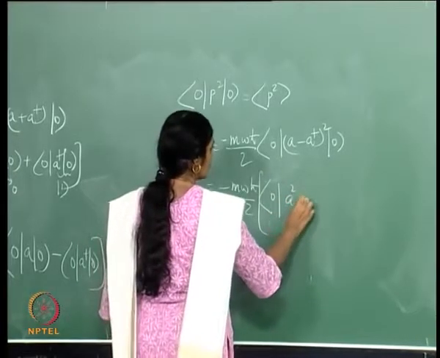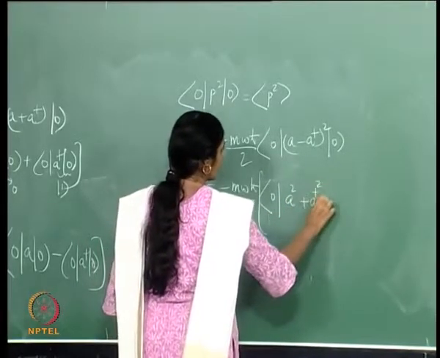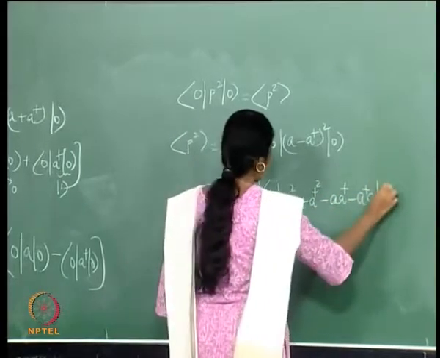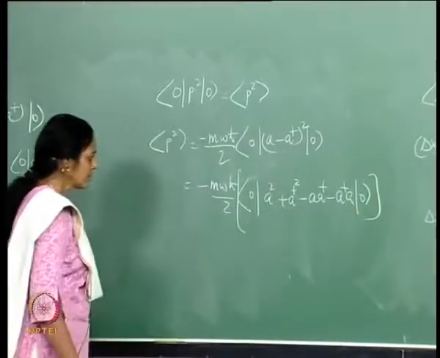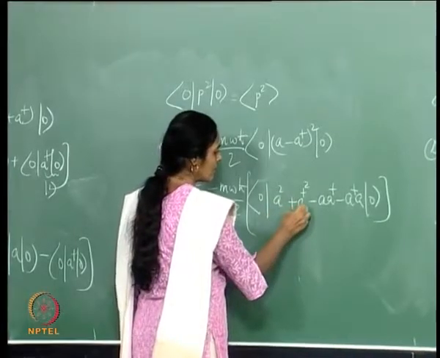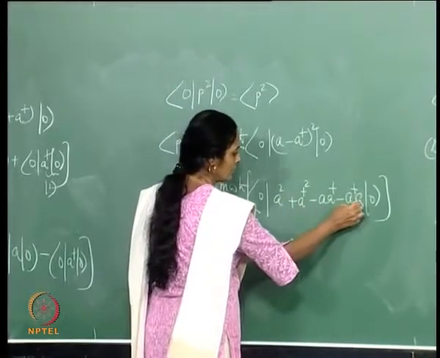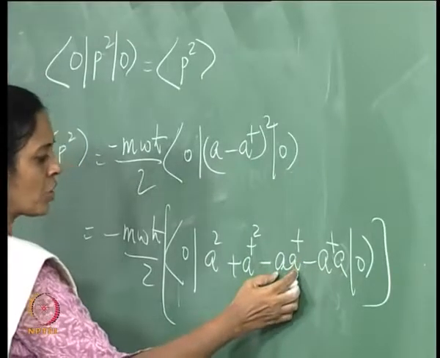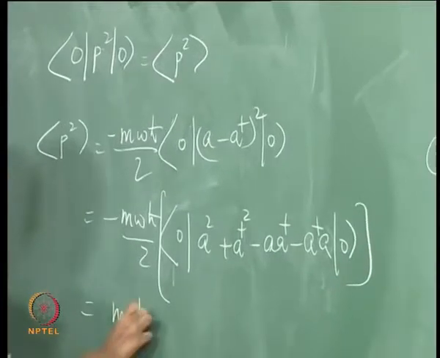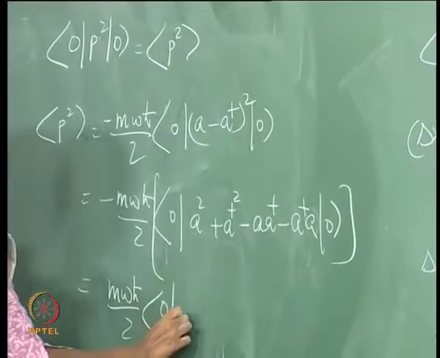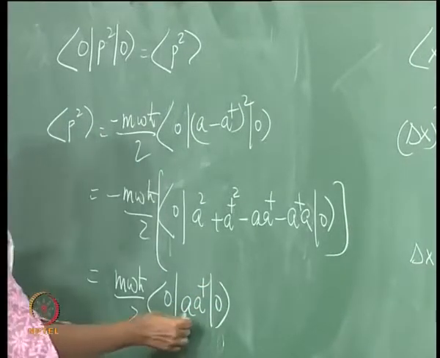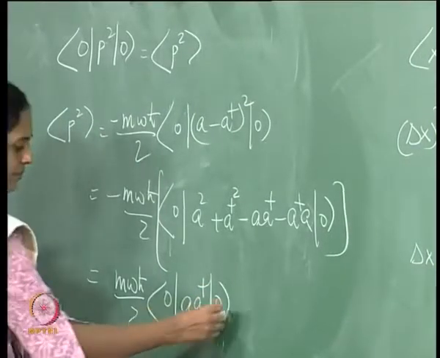That is a squared plus a dagger squared minus a dagger a minus a a dagger, in the state 0. As I have already argued, this does not contribute, this does not contribute, and that does not contribute. The only object that contributes is here. I can always put this as plus m omega h cross by 2, expectation <0|a a dagger|0>, and we just saw that that was 1.